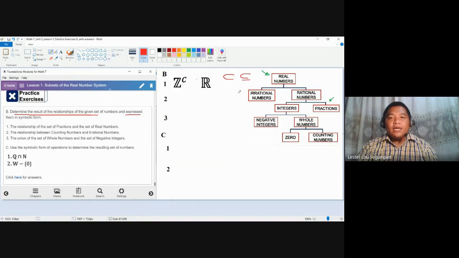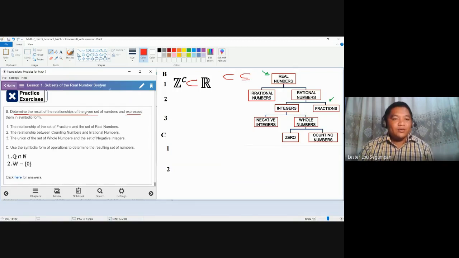It means it is a subset and it's also the same set as the bigger one. But since the set of fractions is just a small part of the set of real numbers, we are going to use the proper subset. So this is the symbol used for the notations in number one.